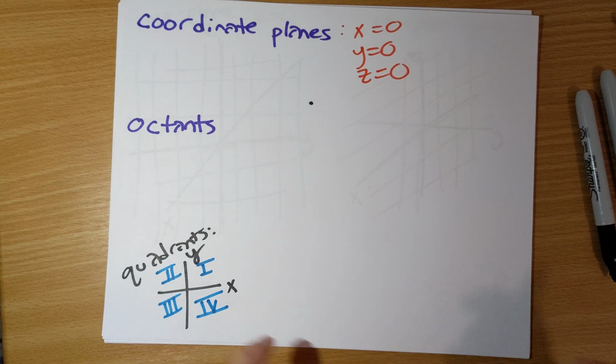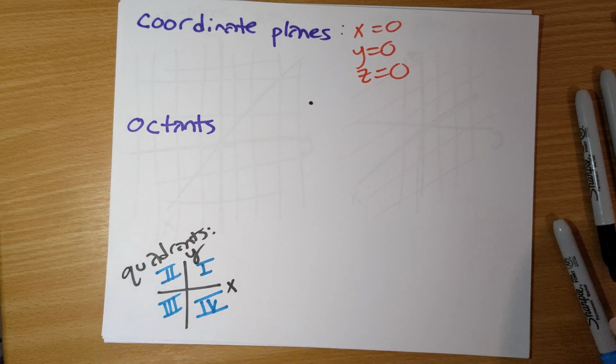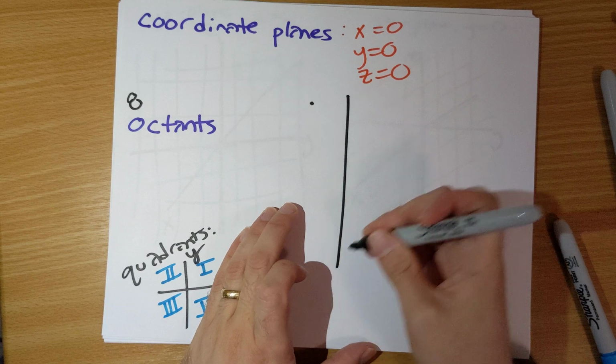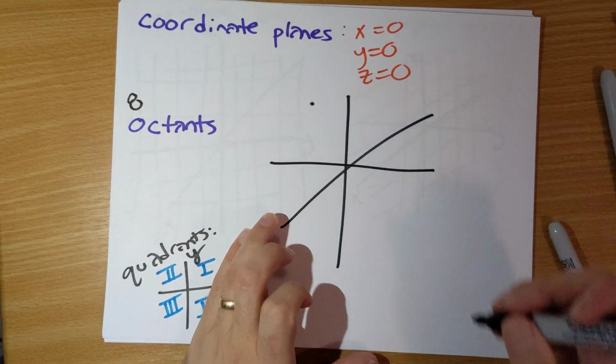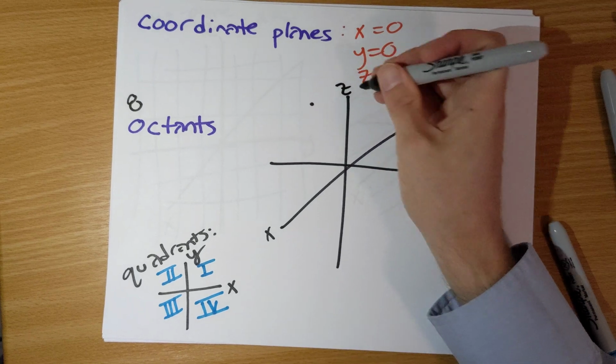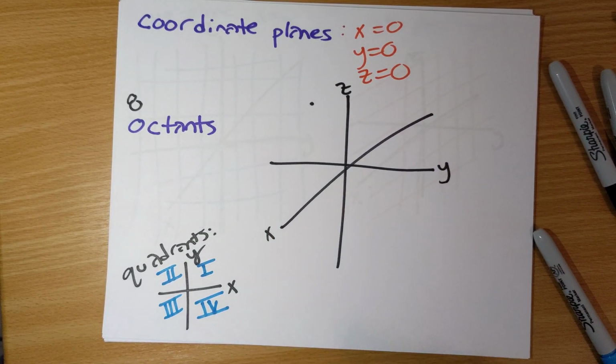But the point here is that the x and the y-axis divide the two-dimensional plane into 4 quadrants. So there are 8 octants that correspond to taking different combinations of x positive or x negative, y positive, y negative, z positive, z negative.